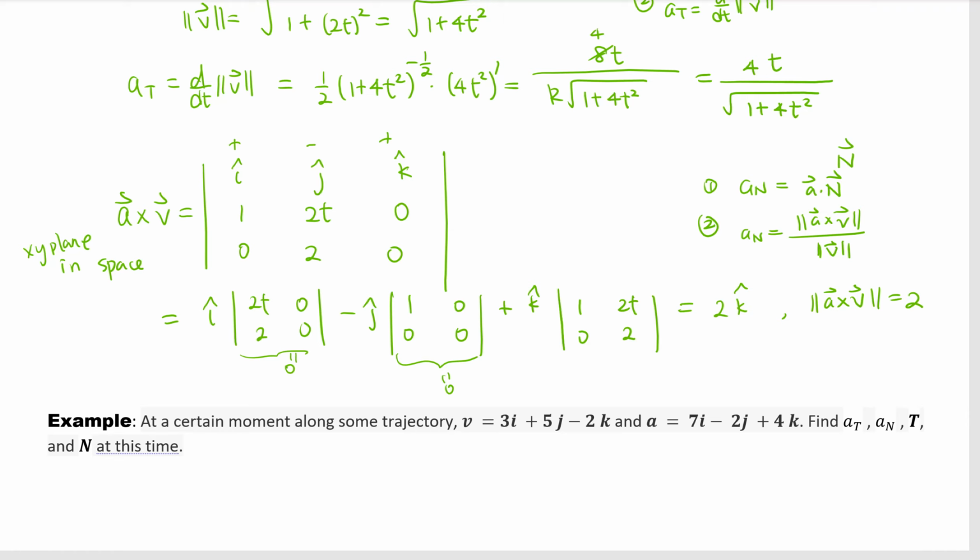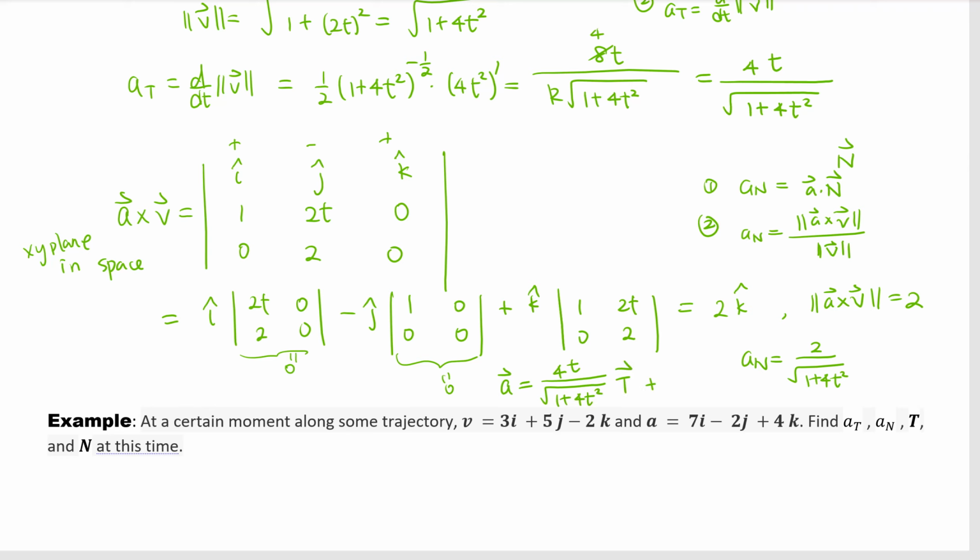So far, so good, everybody. Now AN is 2 over the speed, and we already have the speed, the square root of 1 plus 4t squared.